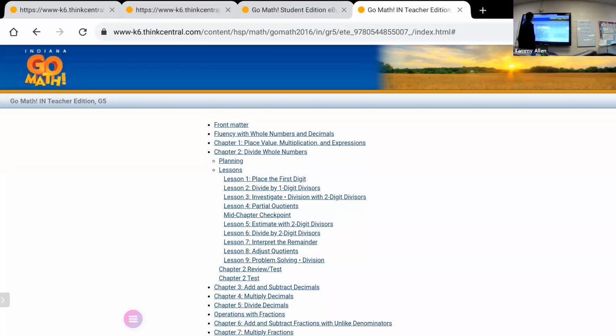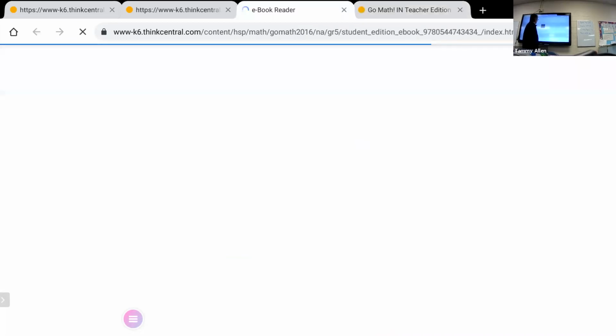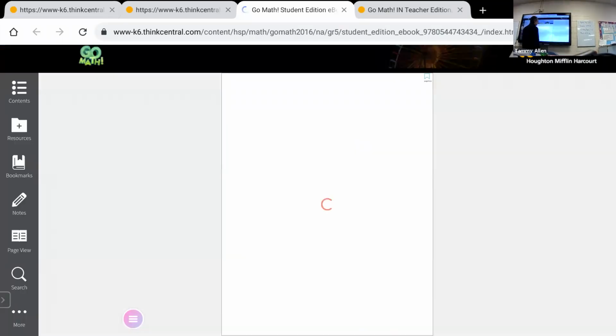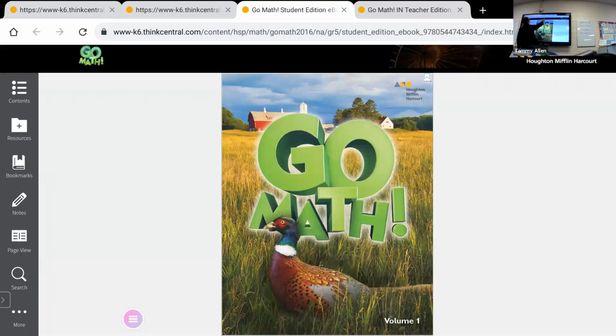Page 87, we're going to be taking a look at division today. We're going to be taking a look at estimating first. So I want you to have out your multiples page, that list of multiples, so that we can move through this a little quicker in case you don't know your multiples very well.